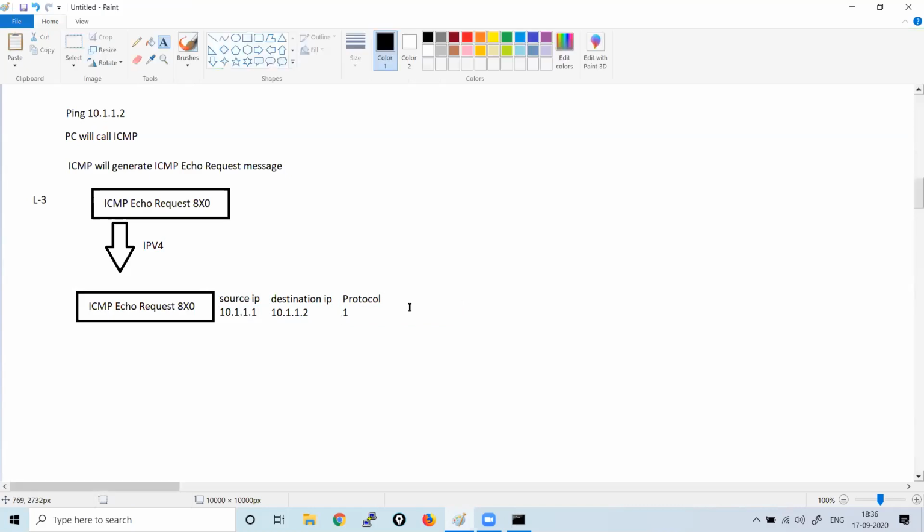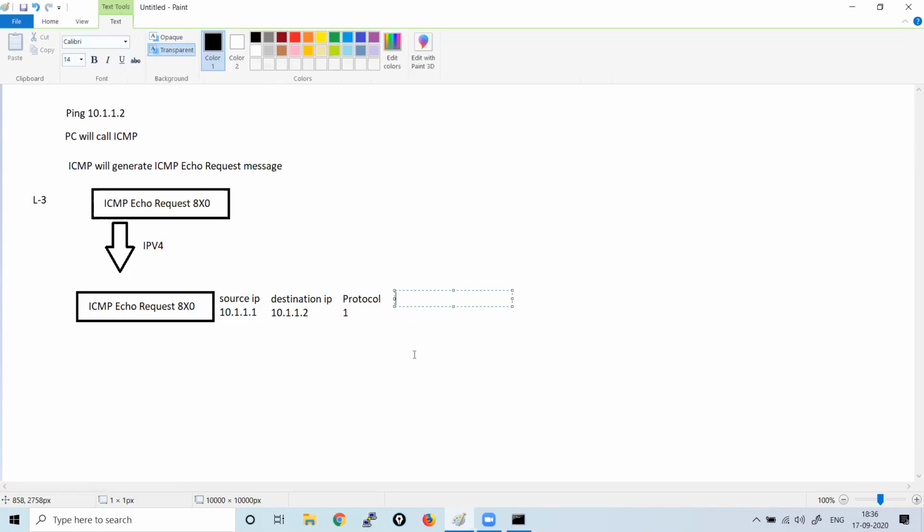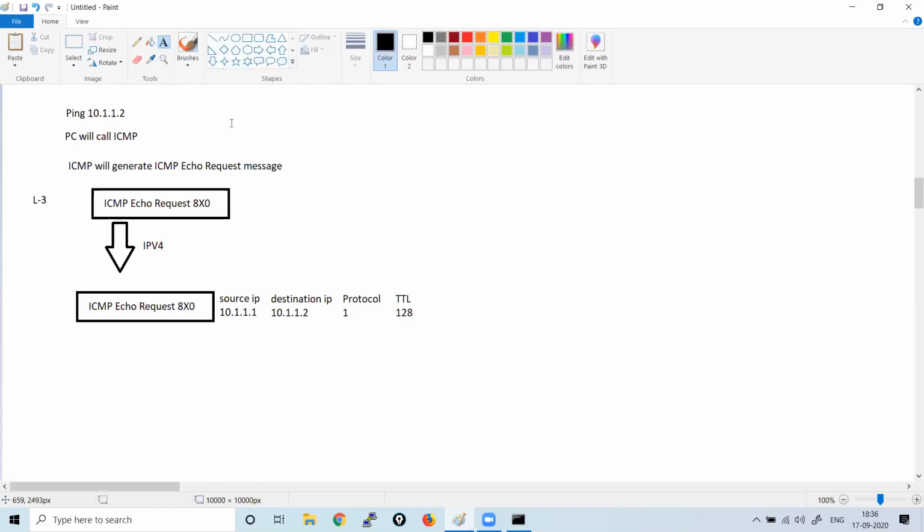Now, what is my TTL? Which device am I generating this from? Windows. Okay, 128. This is how you need to study. Am I clear? Only then you'll understand. Now, what is this entire thing called?